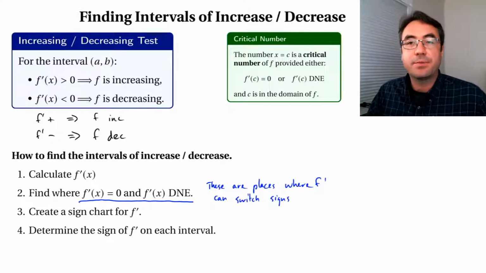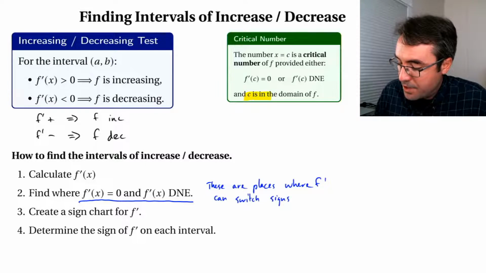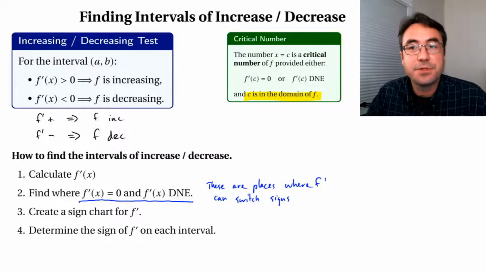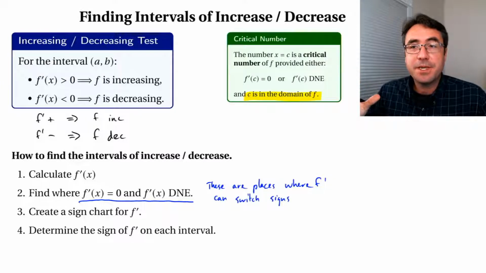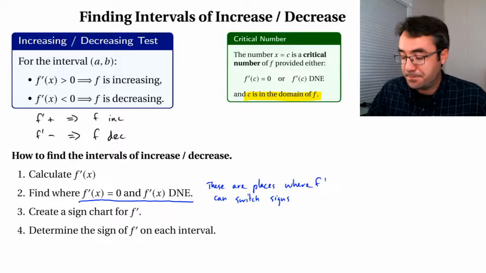Those places where f prime is 0 or undefined, we gave a special name in the case of when the number is actually in the domain of f. Again, we called those the critical numbers. For our purposes here, we're interested in both the places in the domain and not in the domain.